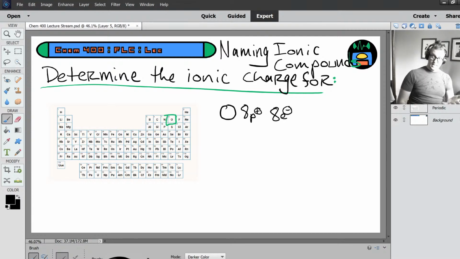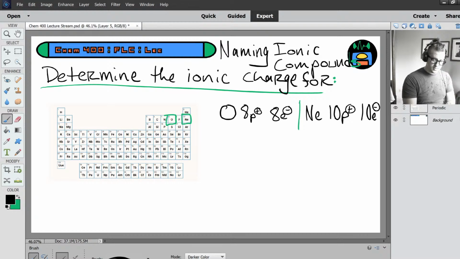Next, you need to find its nearest noble gas, which will be neon. Neon is the noble gas that's closest to oxygen. Now, neon has 10 protons and 10 electrons.